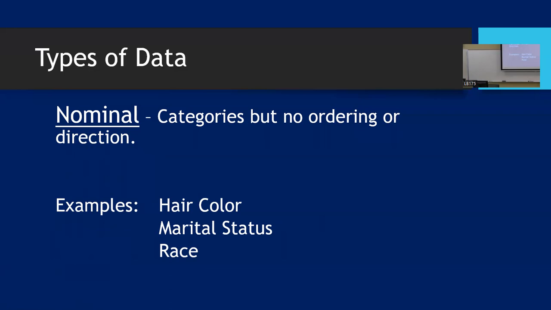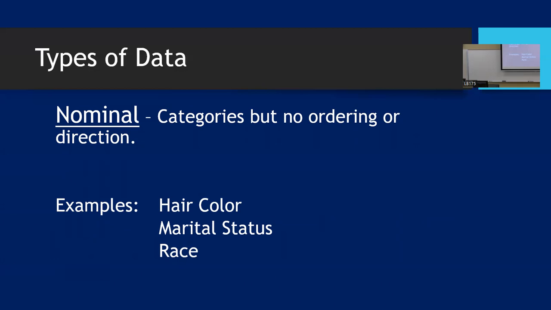So you're going to see a lot of qualitative variables here. Things like hair color or marital status, race. Those things have categories, but there's no order. Right? You wouldn't order hair color or order race or whatever. So there's categories, but no ordering and no direction.